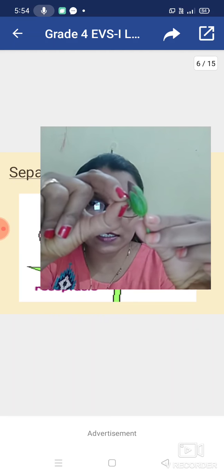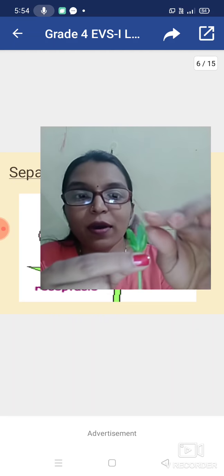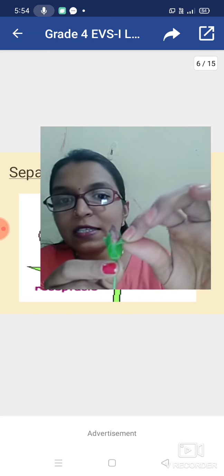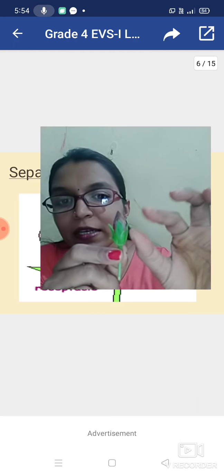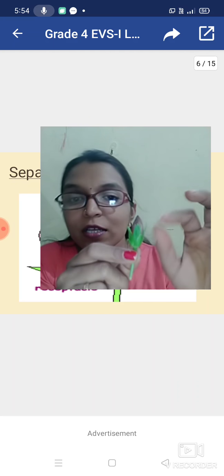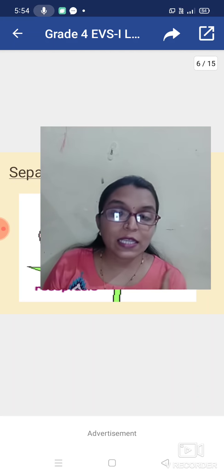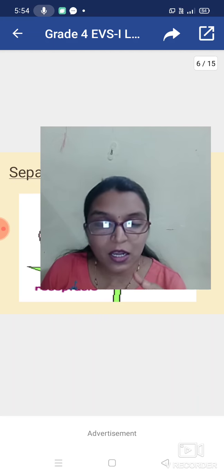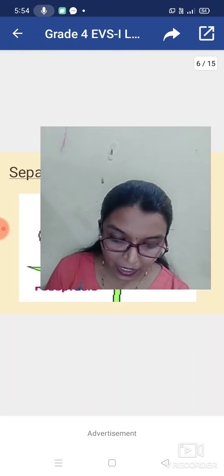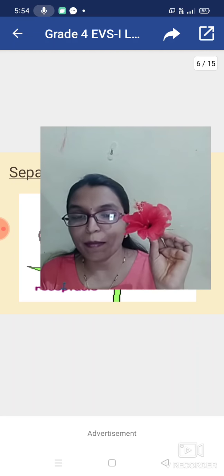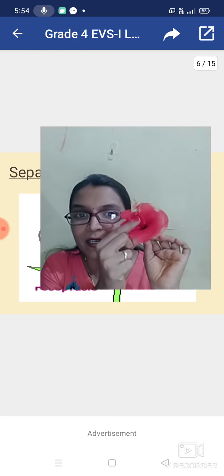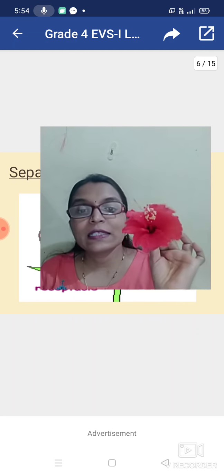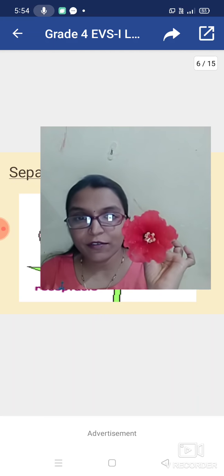That green structure is called sepals. What is it called? Sepals. You can remember sepal is always green in color and it covers the bud of the flower. And that colorful part, this red one, is the petals of the flower.